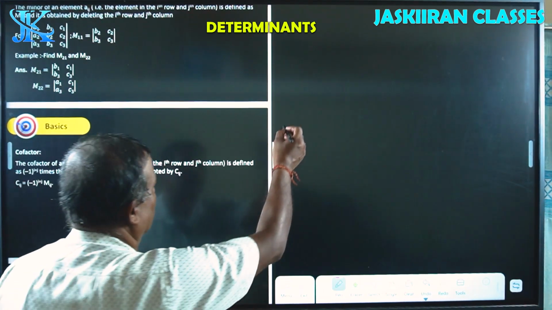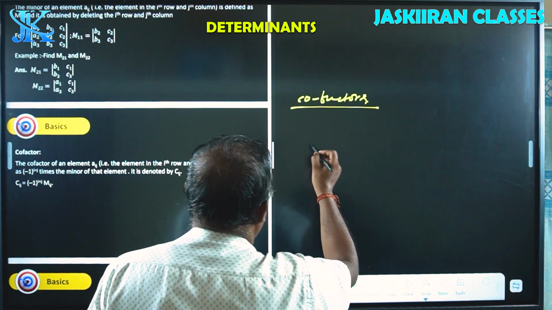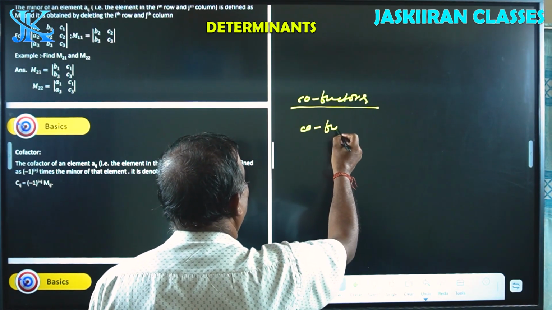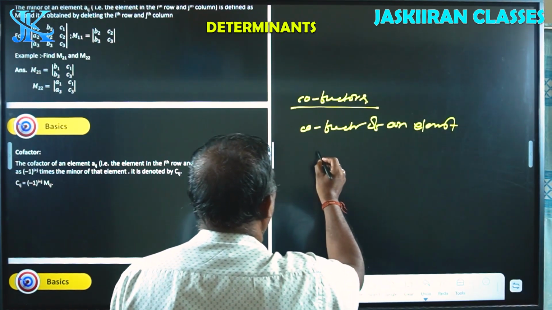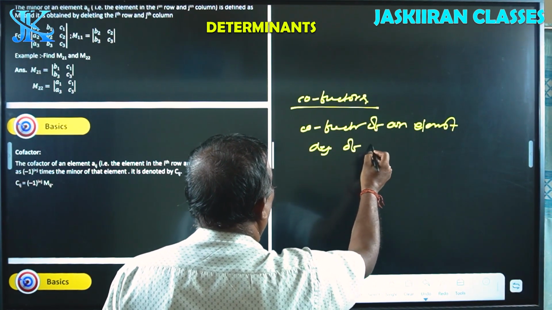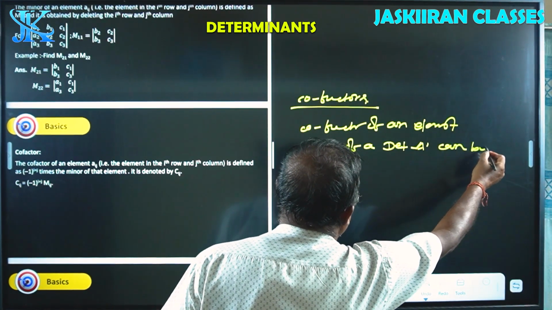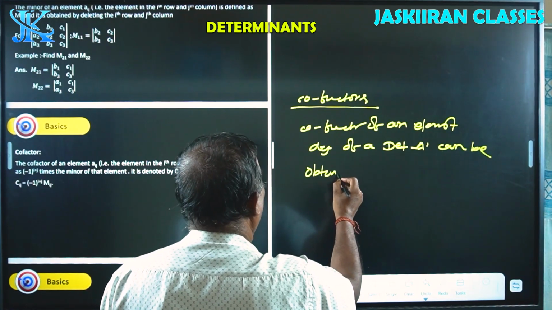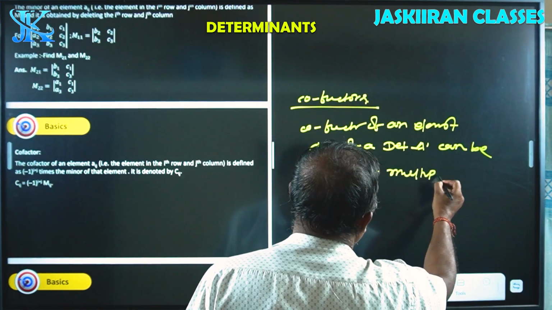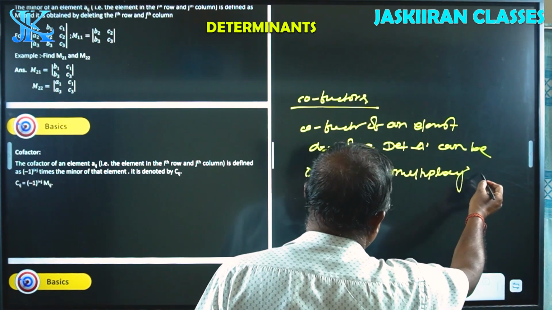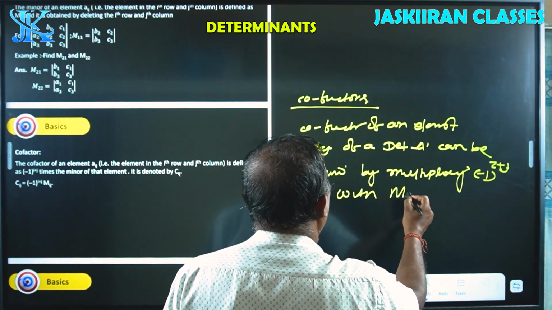Cofactor. The cofactor of an element a_ij of a determinant delta can be obtained by multiplying (minus 1) to the power i plus j with the minor M_ij.